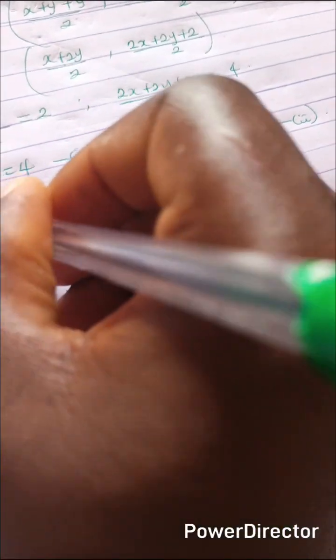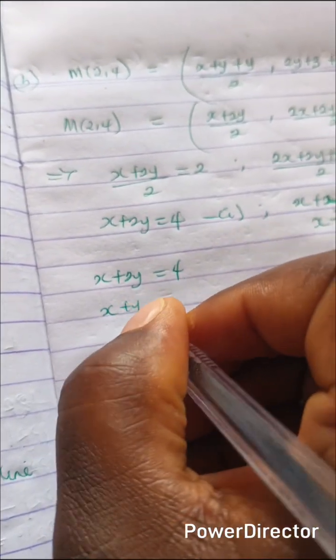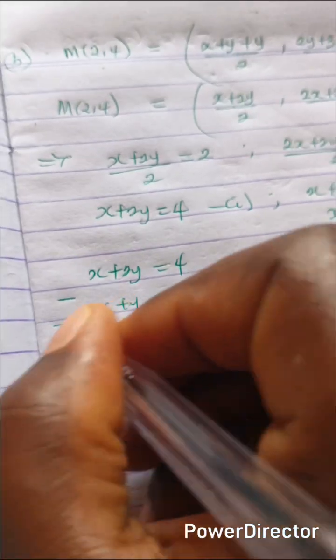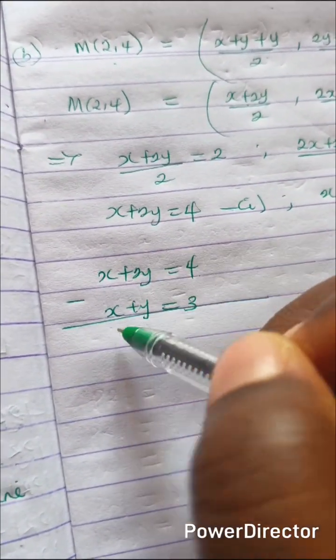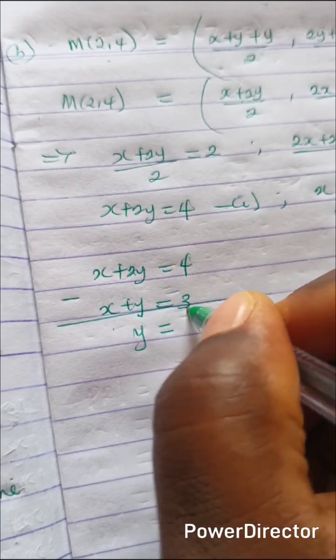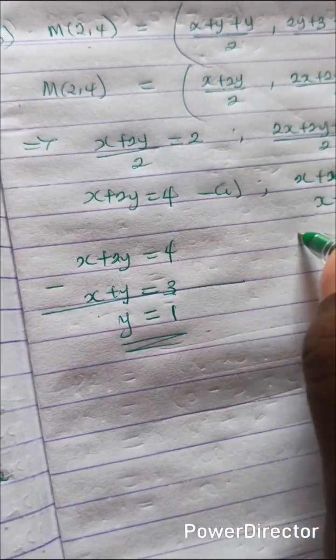So if you combine these two equations, x plus 2y is equal to 4 and x plus y is equal to 3, let's use the elimination method. By subtracting, what am I going to have? x minus x will be 0, 2y minus y will give me y, and 4 minus 3 is going to give me 1. That's my y.